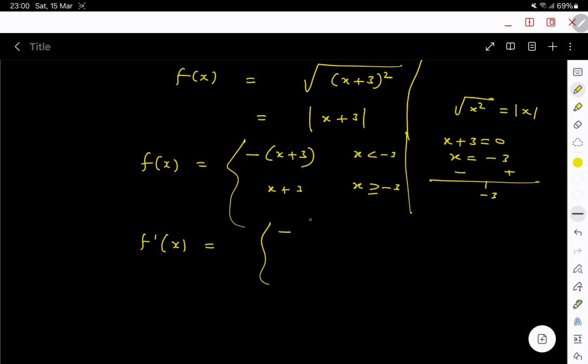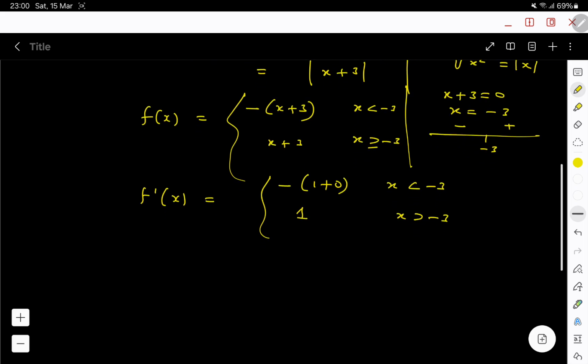Differentiation of x plus 3 is minus of 1 plus 0 for x less than minus 3. This is 1 for x greater than minus 3. Don't write equal because at x equal to minus 3, the derivative does not exist. Okay.